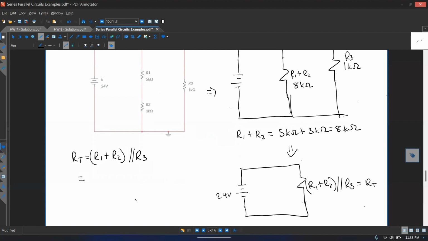And so that equals 1 over R1 plus R2 plus 1 over R3, which is 1 kilo ohm.